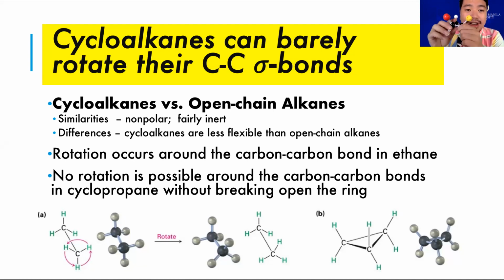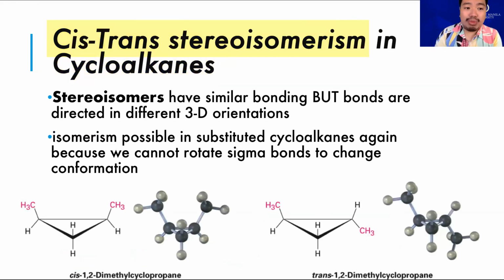They can maybe jiggle, but barely. Larger rings will be able to wiggle and jiggle, but again, no full 360-degree rotation. And because of that, you end up with groups that are permanently stuck in certain positions with respect to the ring.